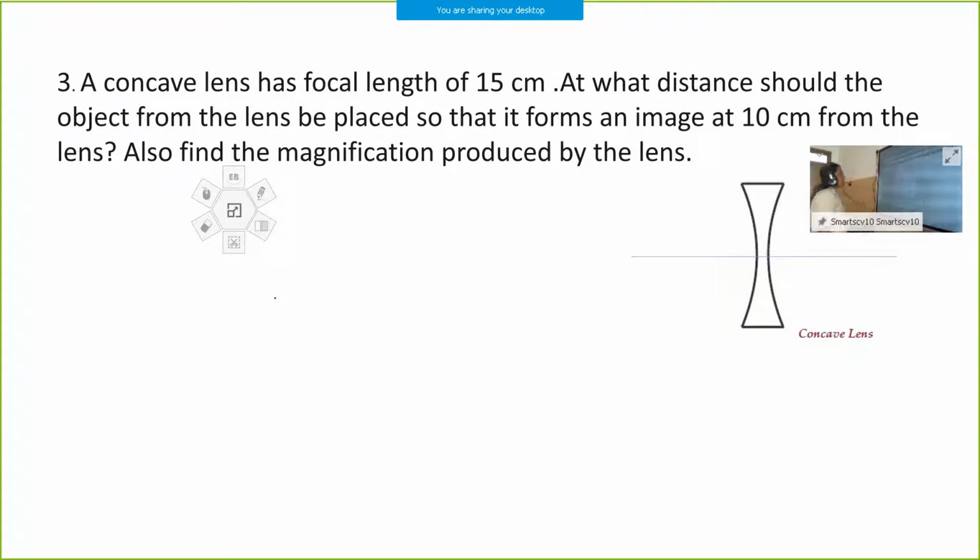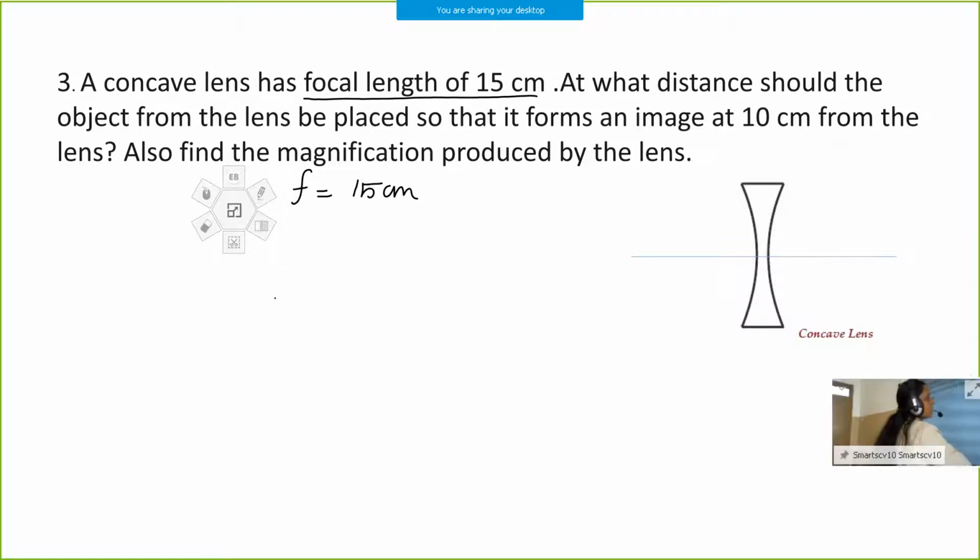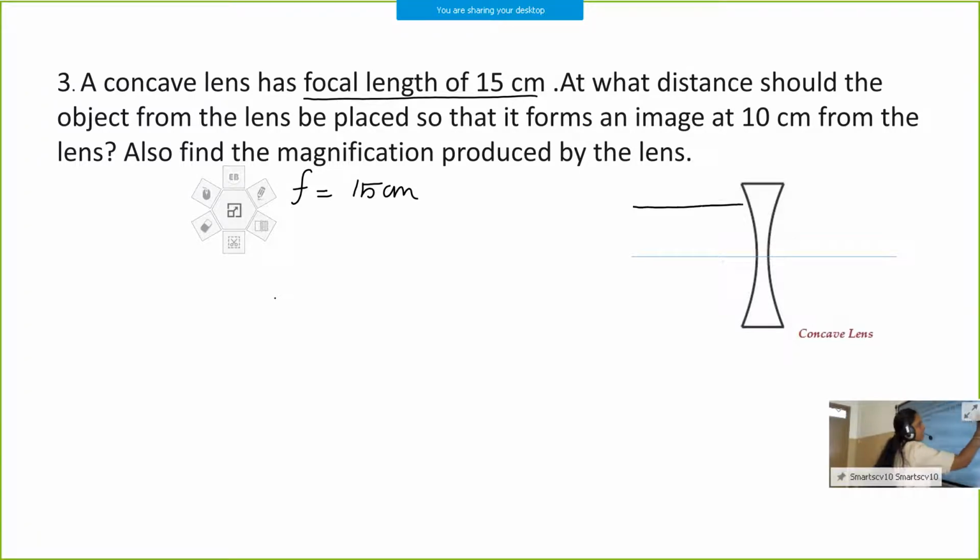So here what are the given values? A concave lens has a focal length of 15 centimeter. So f you can write as 15 centimeter. Is it positive or negative focal length? For a concave lens, when a ray of light parallel to the principal axis falls on it, it diverges, isn't it?